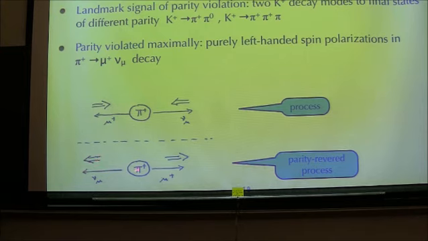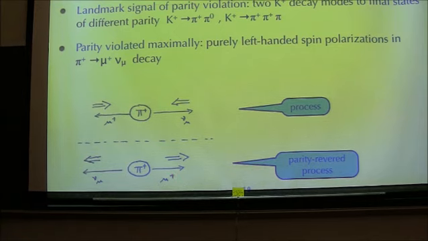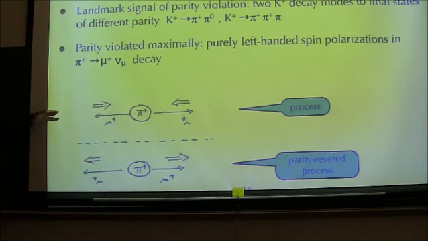And the fact that this parity reversed process is never observed in nature means that parity is violated as much as it could be. If nature instead had given us 90% of them like this and 10% of them like this, then the parity reversed process would be 10 and 90 the other way. But that's not the way it is. It's all or nothing.